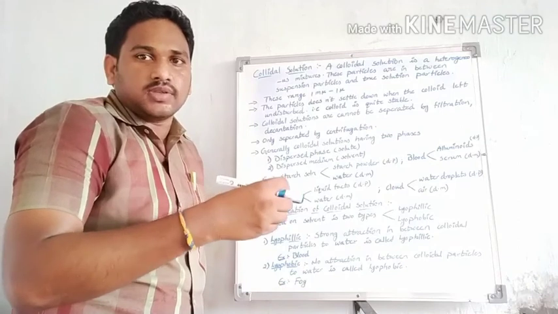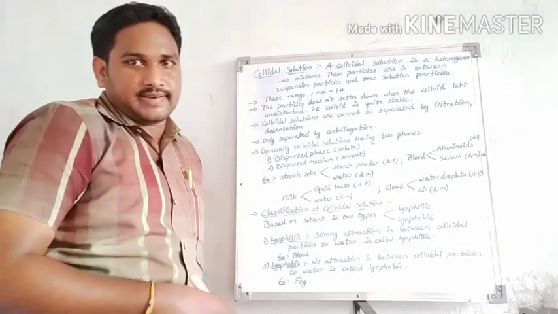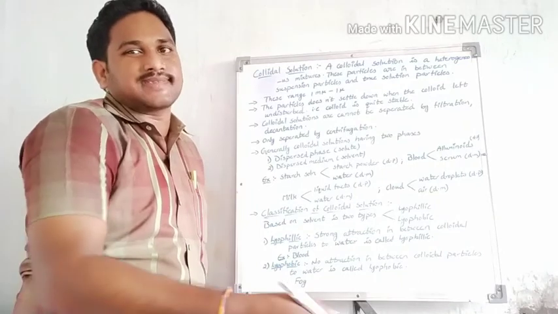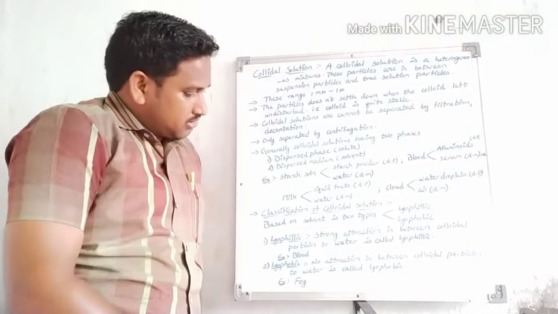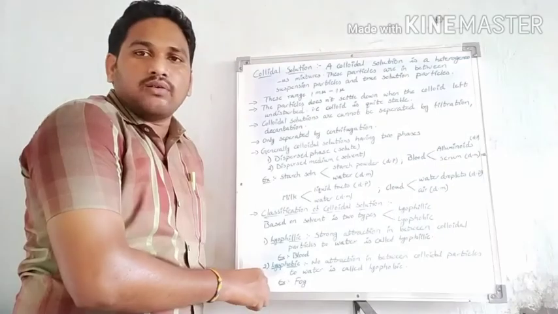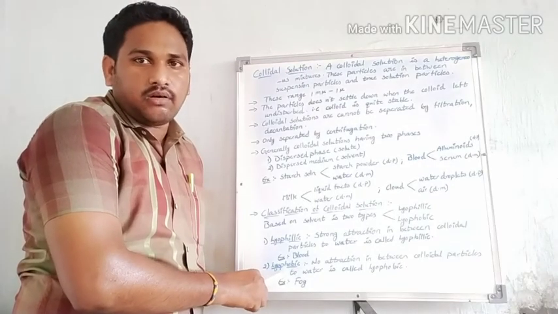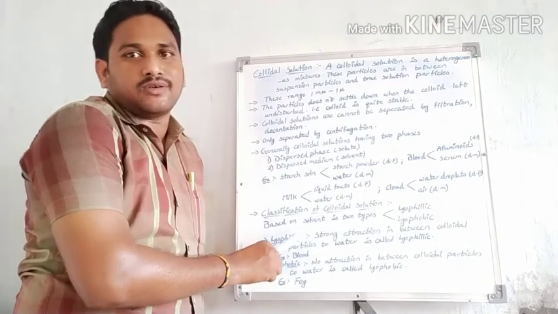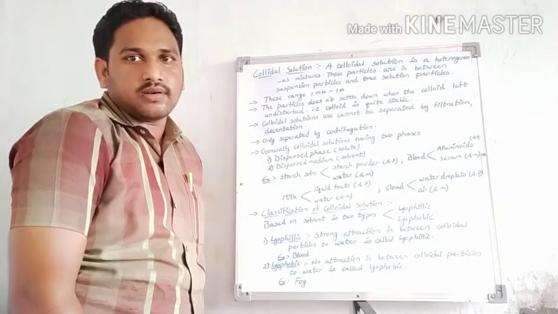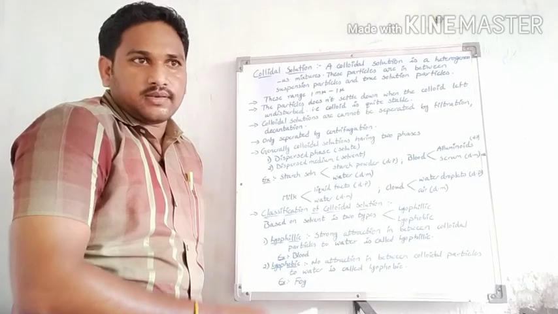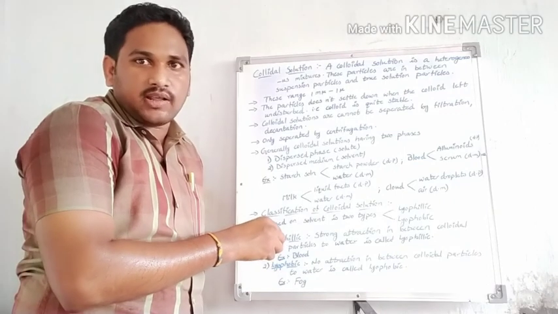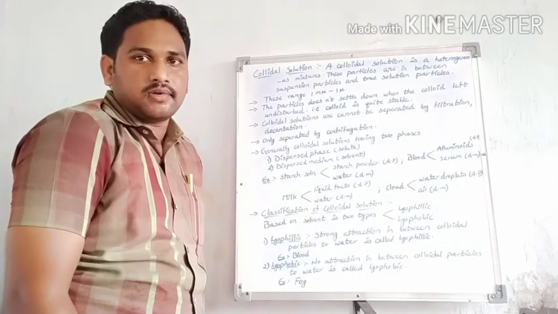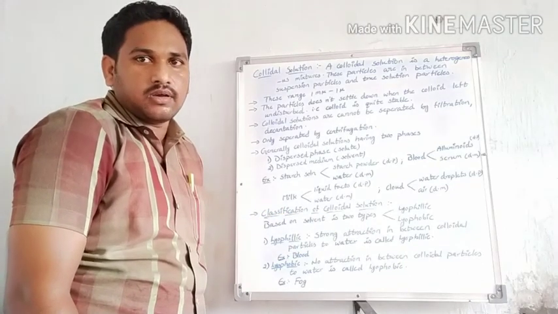A solution that is less solvated is less stable. So lyophobic colloidal solutions are always less stable than lyophilic colloidal solutions, because in a lyophilic colloidal solution the particles are solvated by water molecules.